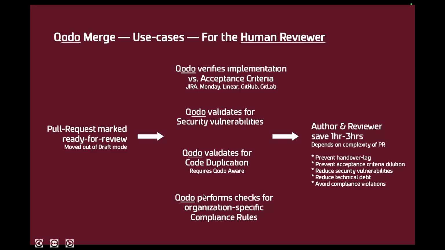Finally, what Qodo can do is perform checks for organization-specific compliance rules as well. On a typical PR, the author and reviewer combined can save anywhere between 1 hour to 3 hours based on all of these functions. We prevent the handover lag between these two parties. We prevent acceptance criteria dilution. It reduces security vulnerabilities, reduces technical debt, and avoids compliance violations.